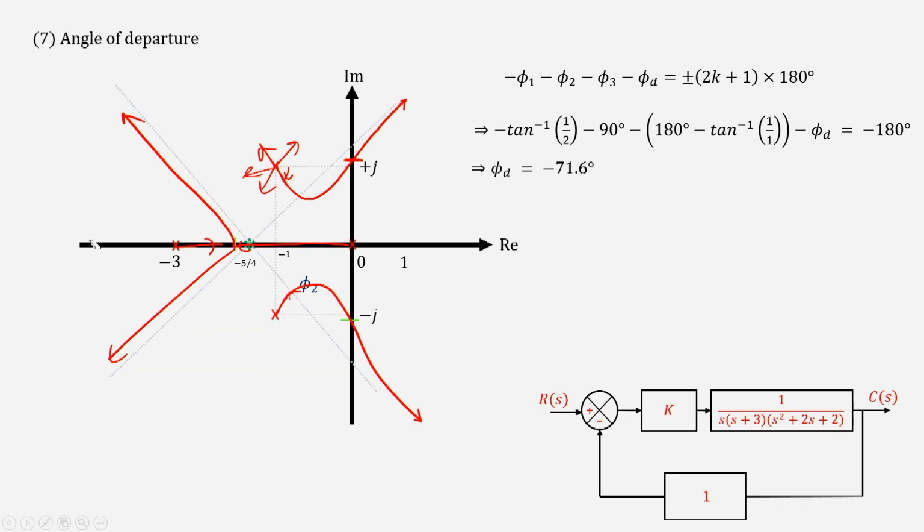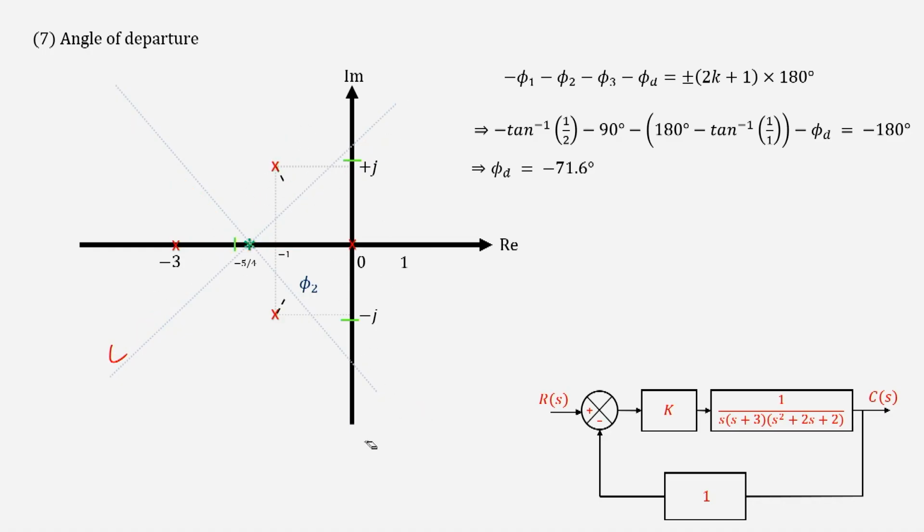Again, let me go back to the root locus and draw it properly for you, so that you don't get confused. You can draw your own as well. Take another example and try to draw it on your own. So this is how it will go. Pardon my drawing. This can be drawn with the help of MATLAB also.